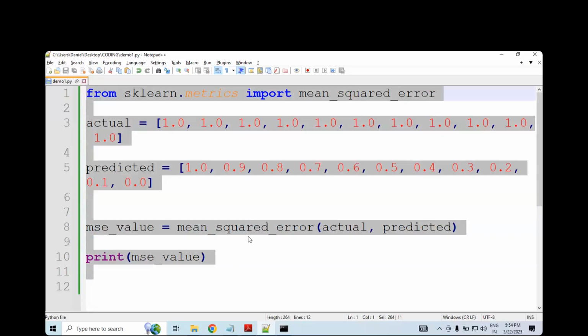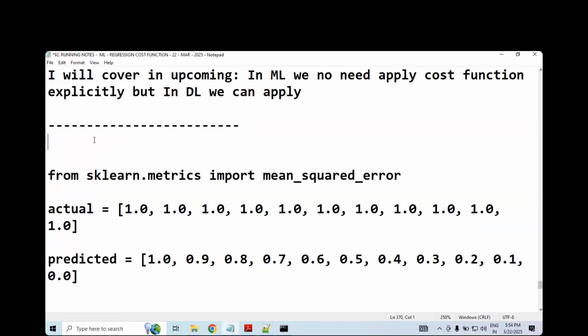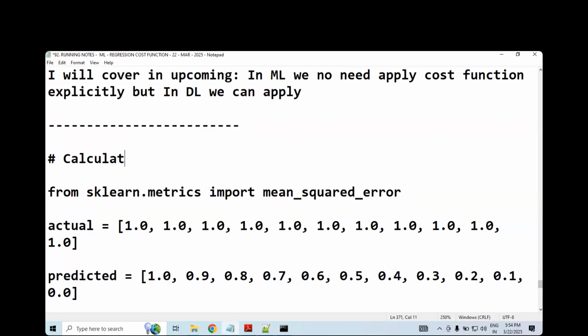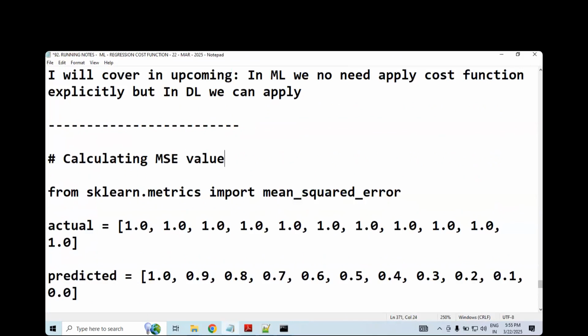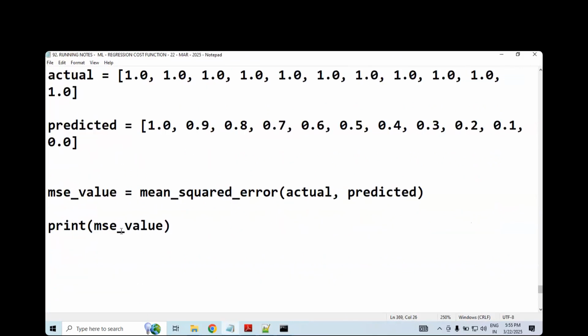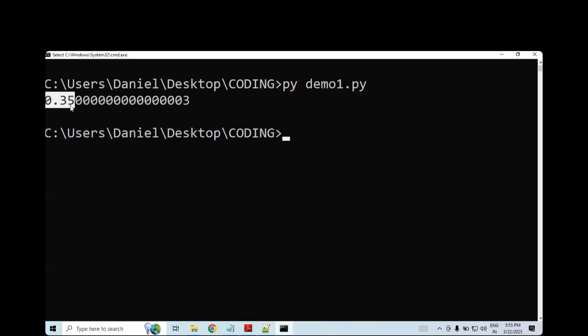Take this example, calculating the mean squared error, MSE value. 0.35 means it's okay, a small error, an accepted error.